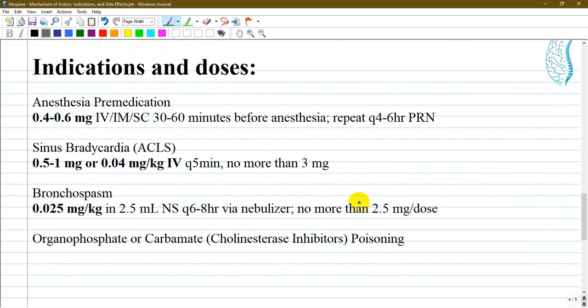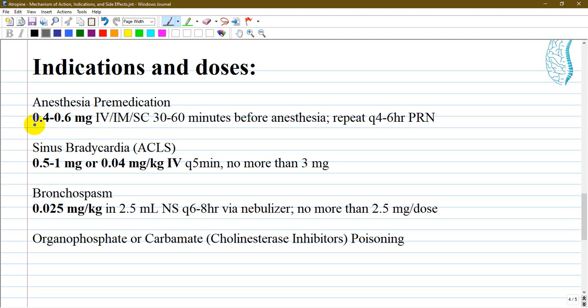What are the indications and doses for atropine? As we discussed at different levels of organs, we now know well what our goals for administering are. In anesthesia, for example, we give it as a premedication for clearing or diminishing secretions to facilitate intubation.